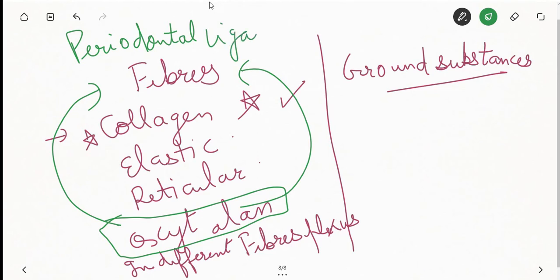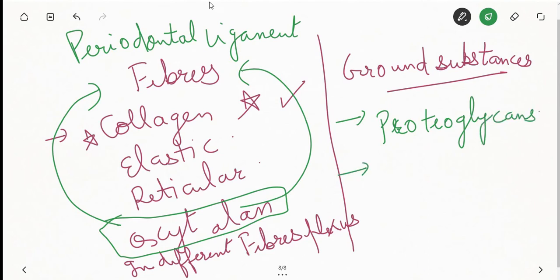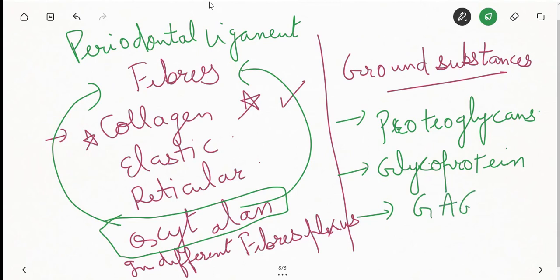Whereas the ground substance will consist of proteoglycans, glycoproteins, and glycosaminoglycans. So basically two parts, fibers and ground substance, are present in the periodontal ligament.